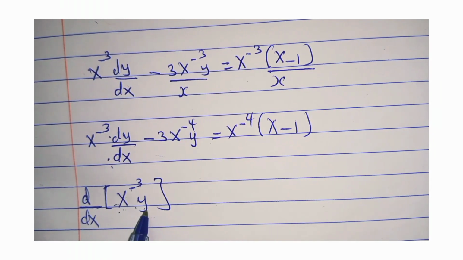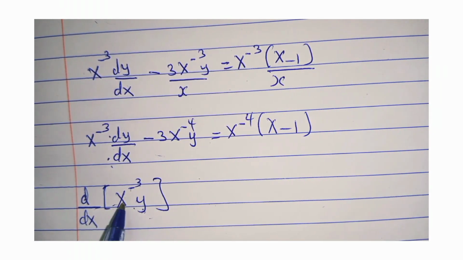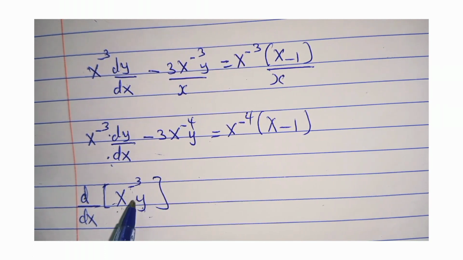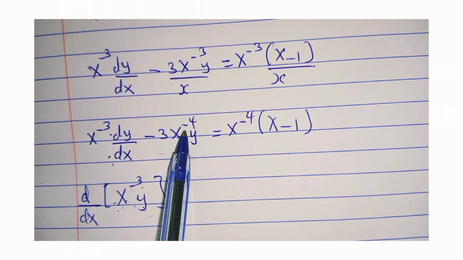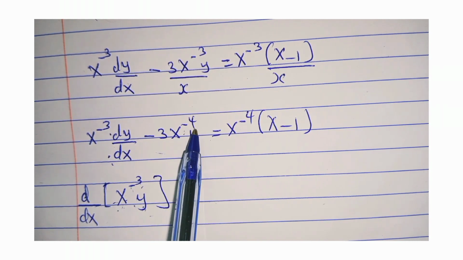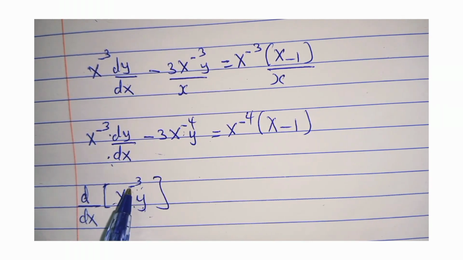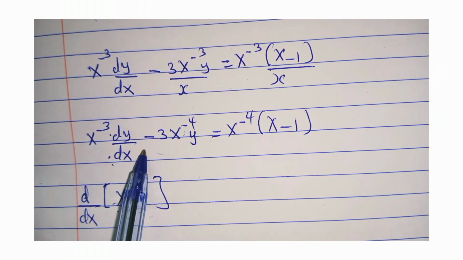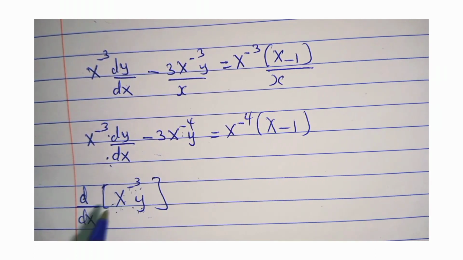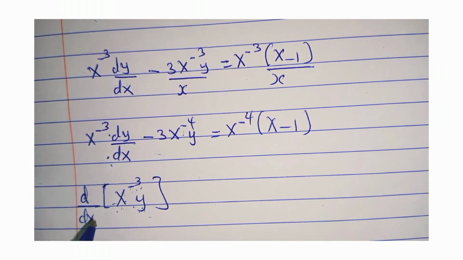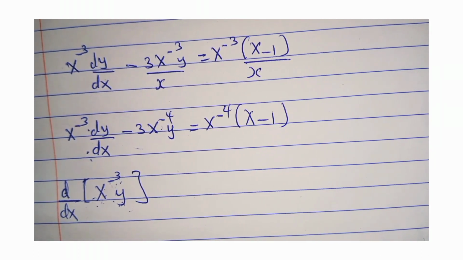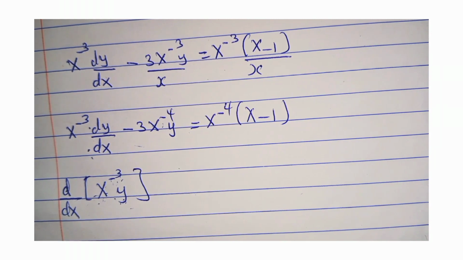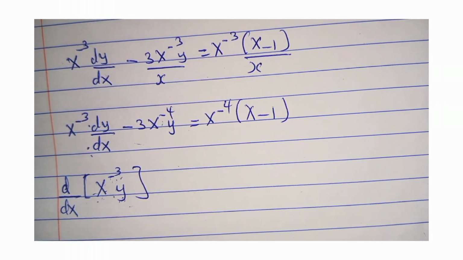Then you keep y constant and differentiate x to the power negative 3 by the power rule. So you reduce the index by 1, you get x to the power negative 4, and you multiply by the index, which is negative 3, and this multiplies y, which is constant. On how to differentiate functions by the product rule, check my YouTube channel so that you can find out how these results are obtained in a very simple step by step method.